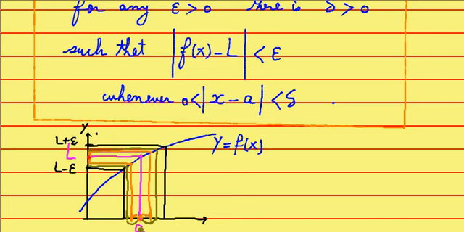So visually it's not a hard game to play. If you look at your picture and see how far you can go to the two sides of A such that your output will be inside of this given region, then you have discovered what your delta is going to be.